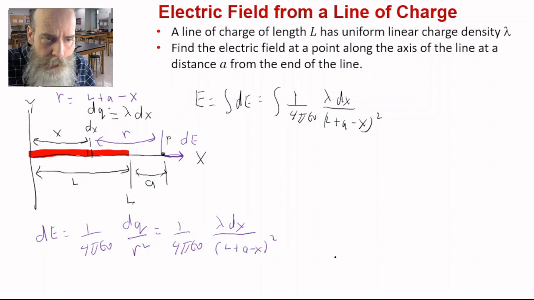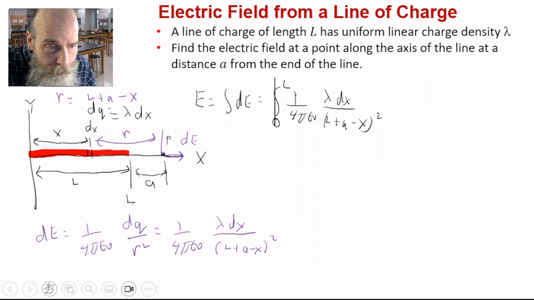And we must integrate from x equals 0 to x equals L. So our limits of integration are 0 to L.